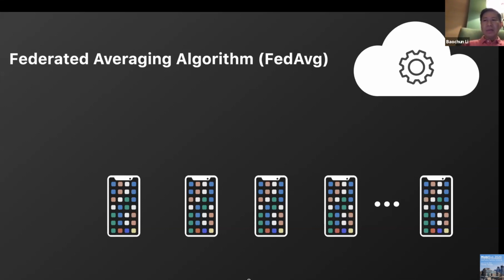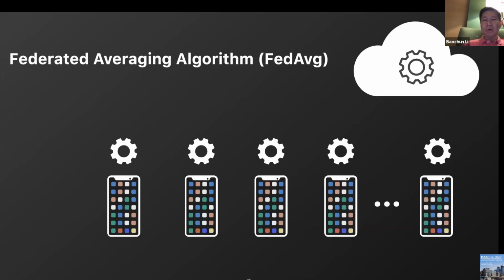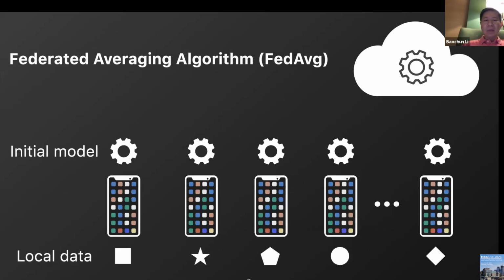So the server is going to have an initial model, and that initial model will be disseminated and distributed to all of the mobile devices. Then these initial models will be fine-tuned by using the locally generated data that are private, that you cannot really upload to the cloud, and you can only run machine learning workloads on the local devices.